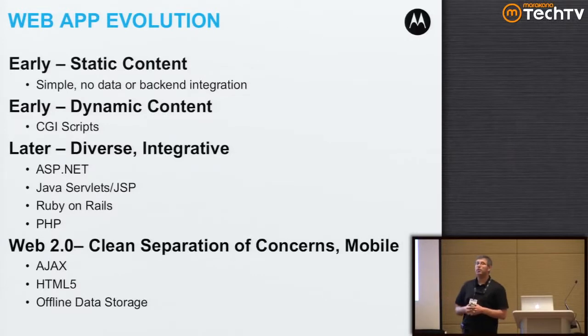Right? Later, we started to get a proliferation of different frameworks for writing very diverse and integrative web apps. You have ASP.NET, Java servlets and JSP pages, Ruby on Rails, PHP. We have all these platforms now for running back-end web apps.